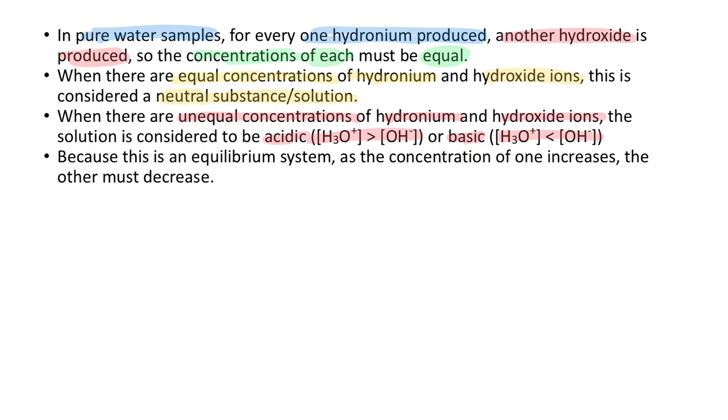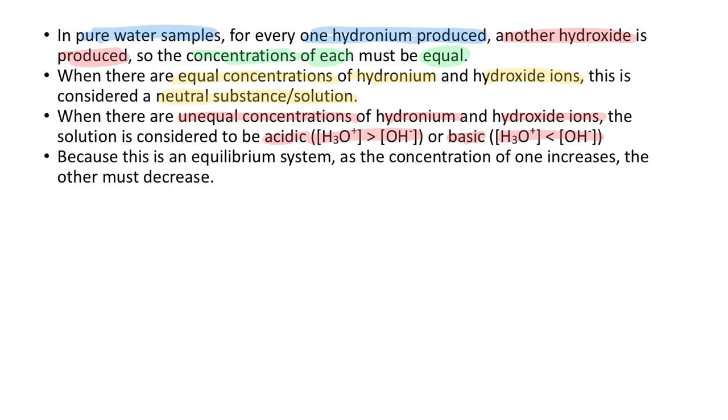Now, whenever you are asked about something being acidic or basic, you have to have this idea stated in there. Whenever you're asked to explain something about something being acidic or basic, you have to say that in the system there are hydronium and hydroxide ions, and when it's acidic, there are more hydronium ions than hydroxide, or when it's basic, there are more hydroxides than hydroniums.